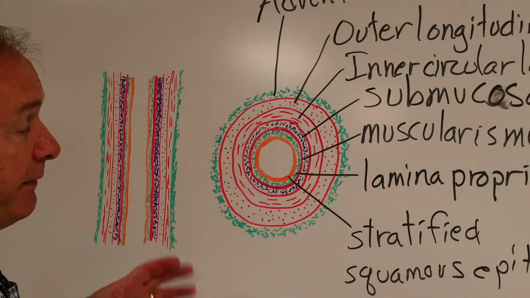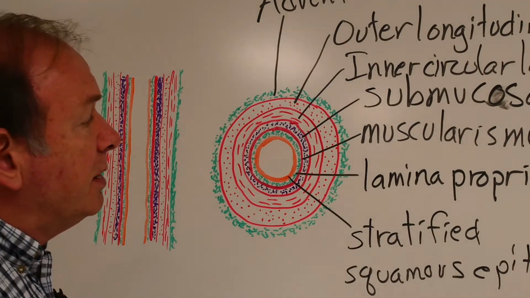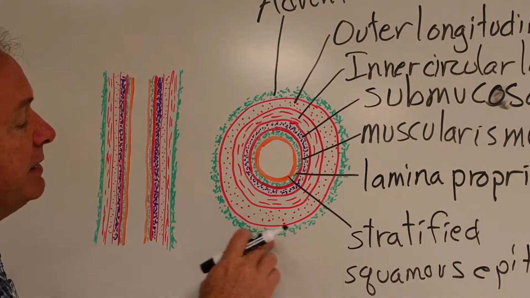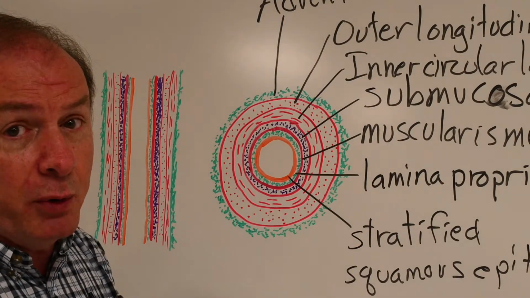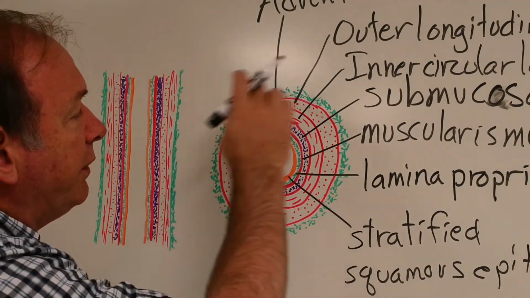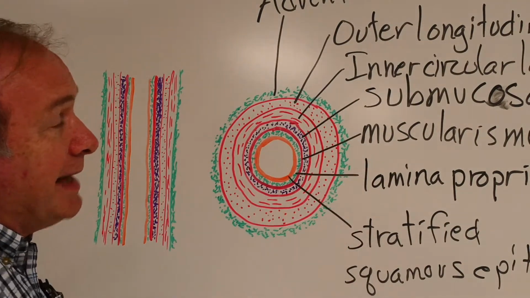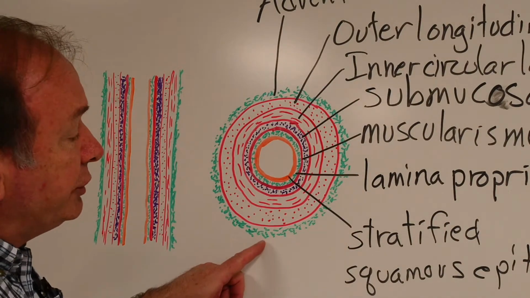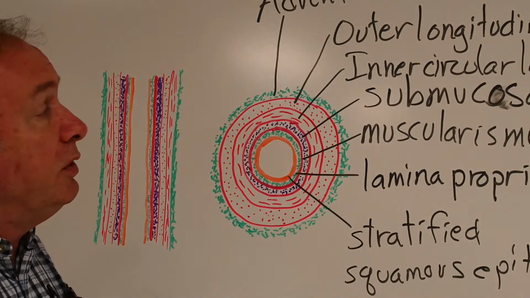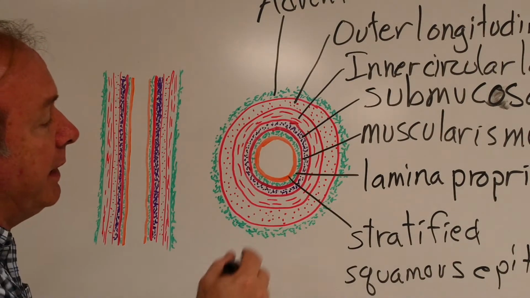If the esophagus were within a body cavity, like your stomach and intestines are, it would have around its outside a layer of mesothelium. But since it's not in the body cavity, there's no mesothelial covering here, and we just refer to this outer layer as adventitia. It's also a loose connective tissue forming that outer covering around the outside.